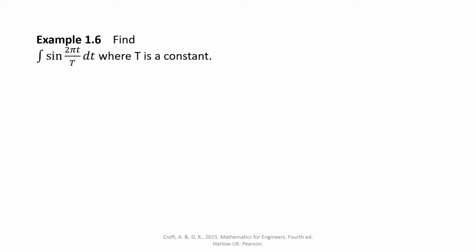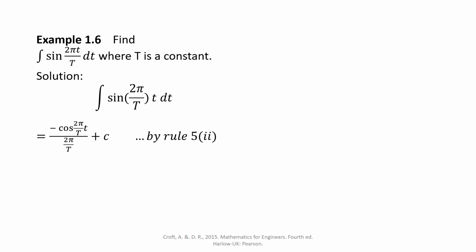Another example, this time the variable is small t. So sine of 2 pi by capital T, they are something common, something constant. So the variable of integration is t. Solution. So 2 pi by T, they are k.